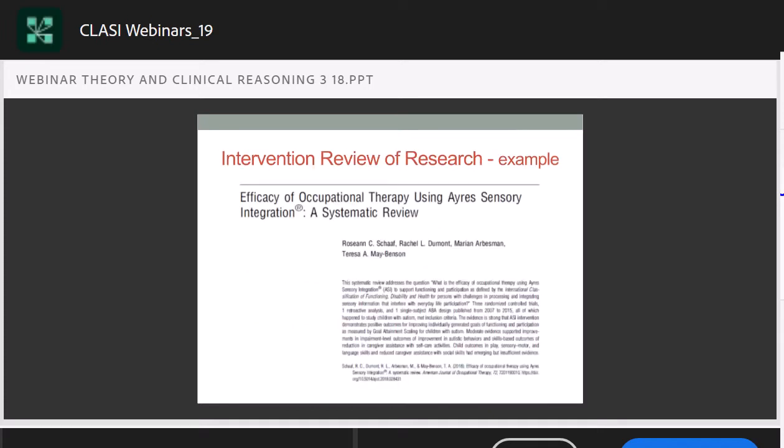Then in that January 2018 issue of AJOT, you see a systematic review, again a larger view of the evidence that's available, and this is really good for you to read. So you get both specific knowledge contributions and an overview of the state of our science.